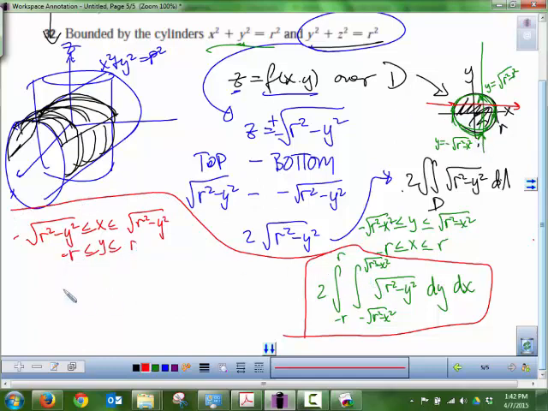So my integral would look like the same integrand, r squared minus y squared, except now I'm going to integrate with respect to x first, where my x limits are negative square root of r squared minus y squared, positive square root of r squared minus y squared.